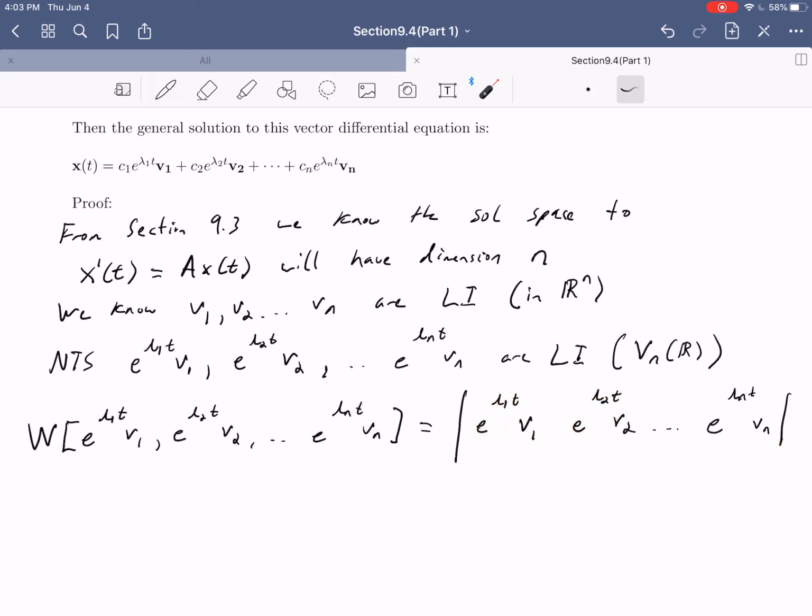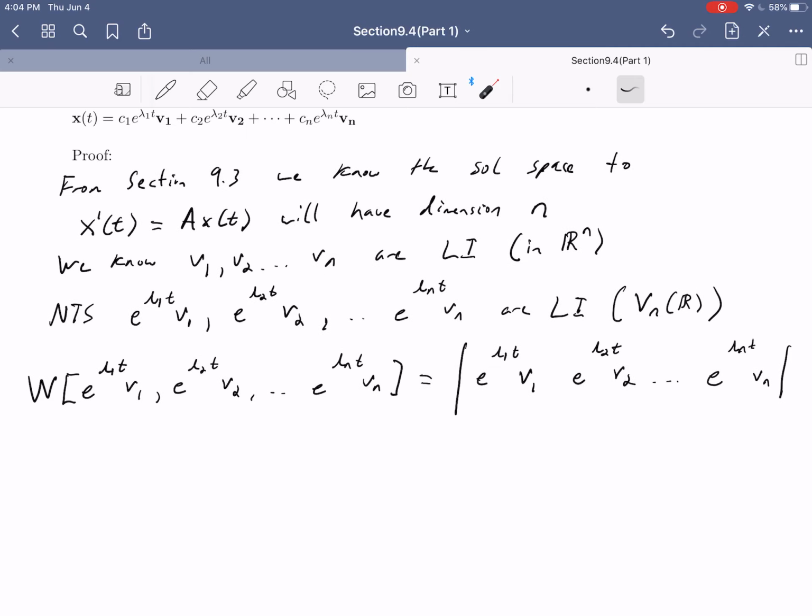Now remember, we learned some things about determinants. We learned that if you multiply a row or a column by a scalar, then you change the determinant by that same scalar amount. If you multiply a row by 2, then you multiply its determinant by 2. So in other words, we can factor scalars out of a determinant. So we can factor these scalar functions out.